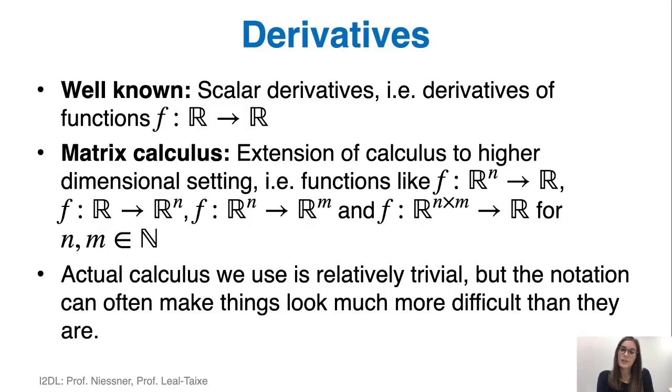And all the concepts that we saw so far in linear algebra and also that we are going to see here in the calculus part are not too difficult. But what makes it difficult later when we want to apply them to neural networks and deep learning is that we have a lot of matrices that are concatenated, so we need to use the chain rule, and we also have changing dimensions.